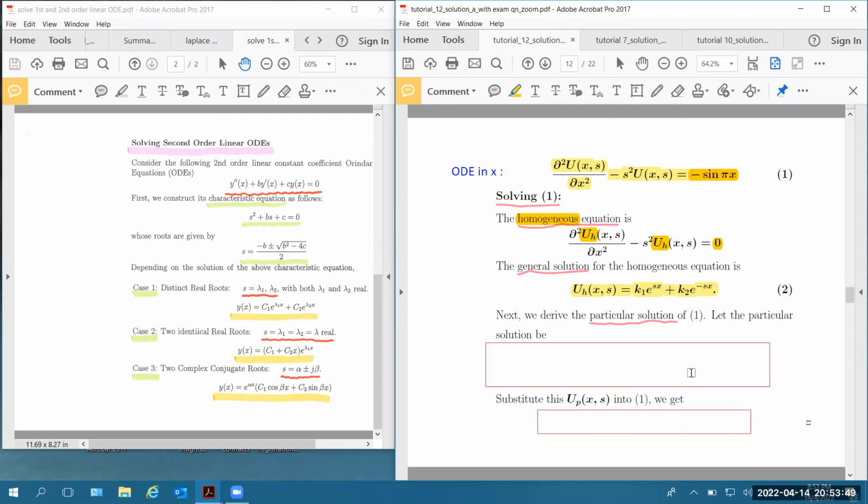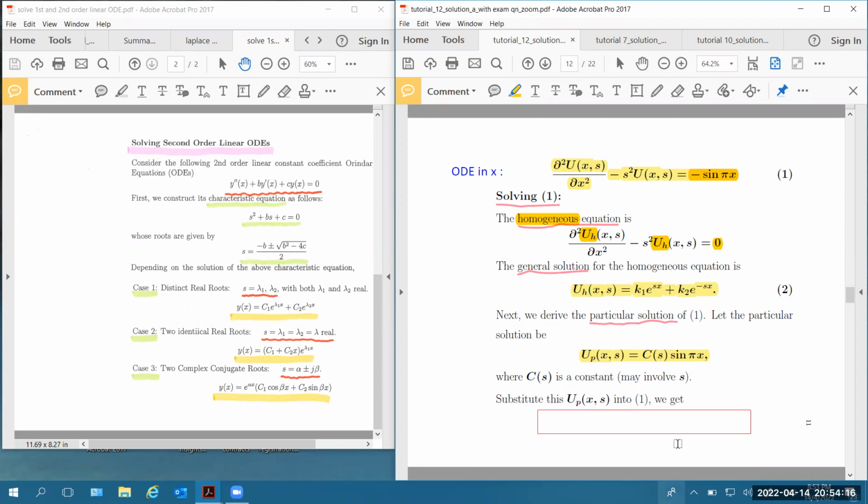So I can let it be C(s) sin(pi x), a constant times sin(pi x). Why we put the bracket s is to say that this constant may involve s. And you know why we call it U_P, right? Because the P stands for particular.